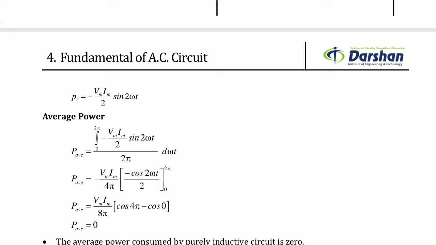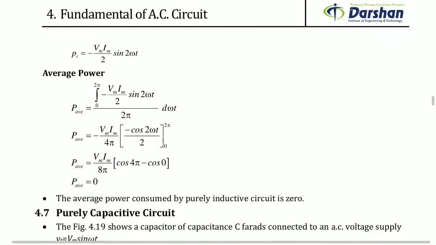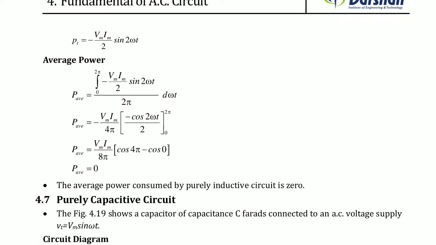Now the average power P average is the integral from 0 to 2 pi of minus Vm Im by 2 sin 2 omega t, divided by 2 pi, d omega t. So P average is equal to minus Vm Im by 4 pi times minus cos 2 omega t by 2, over the interval 0 to 2 pi.